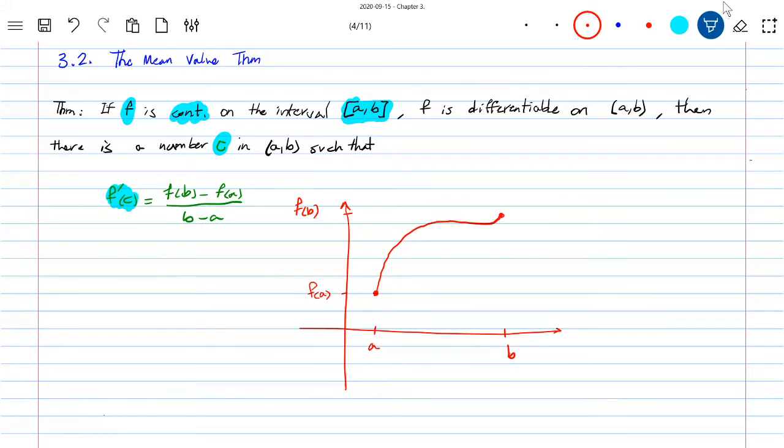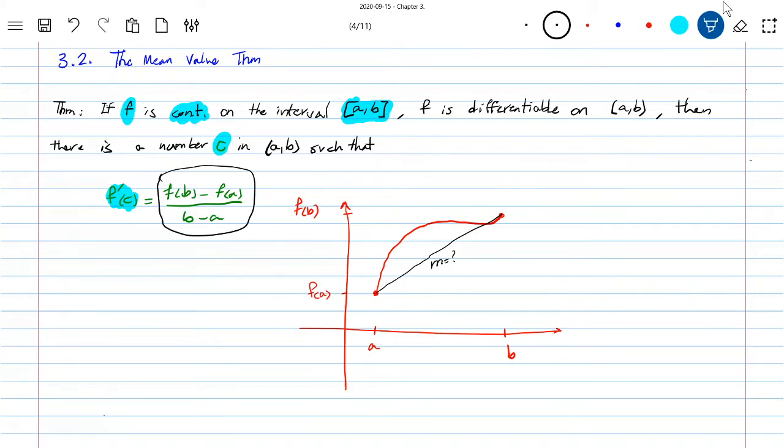From the corresponding point A, which has y value f of a, to point B, y value f of b, what does this fraction in the theorem represent, f of b minus f of a divided by b minus a? If you connect the points A and B together, I ask you what is the slope of this line.